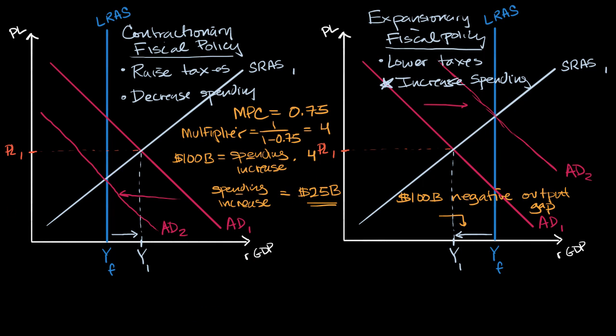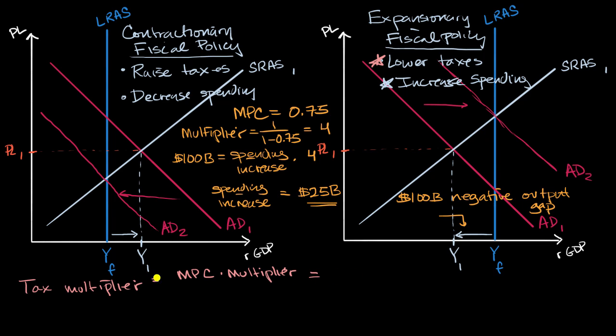But what if instead the government wanted to do it by lowering taxes? What would be the amount that they would need to lower taxes, once again based on this very simplified model, in order to close this output gap? Well, here we want to think about the tax multiplier. Our tax multiplier is equal to our marginal propensity to consume times our regular multiplier.